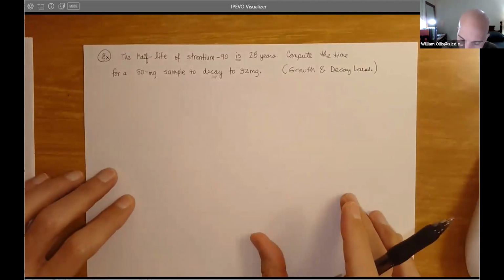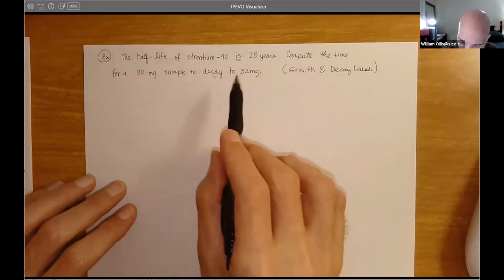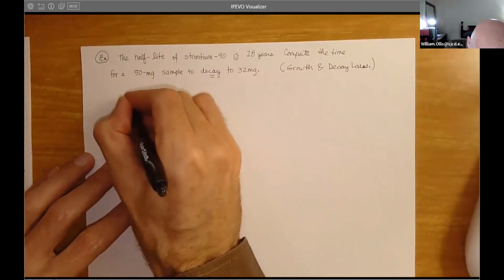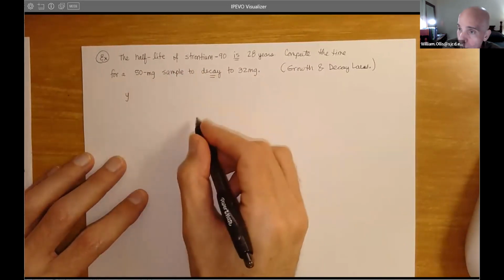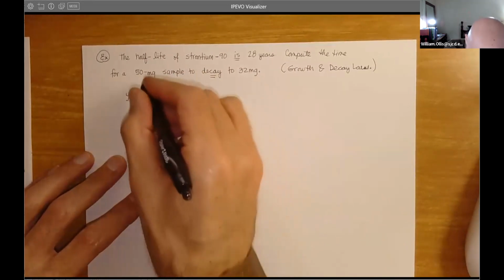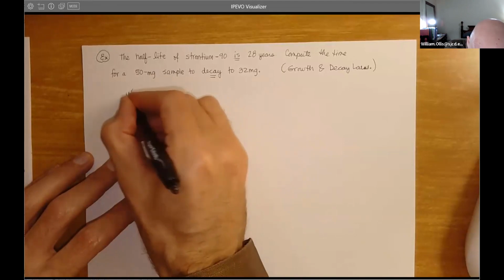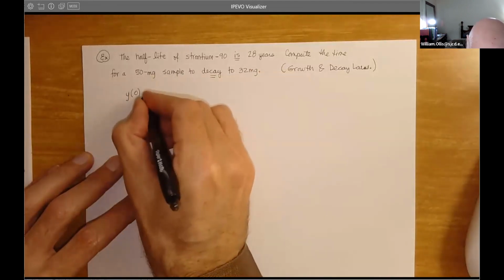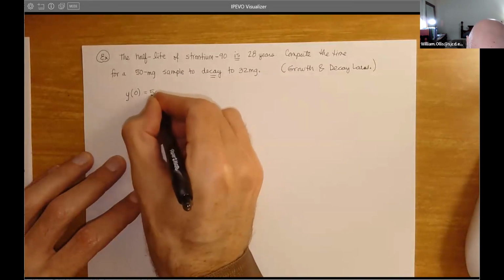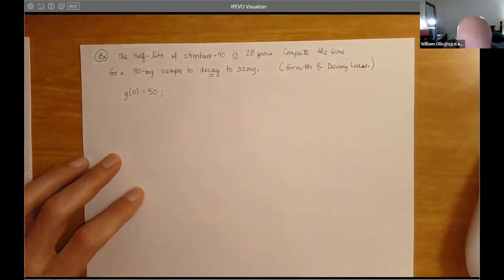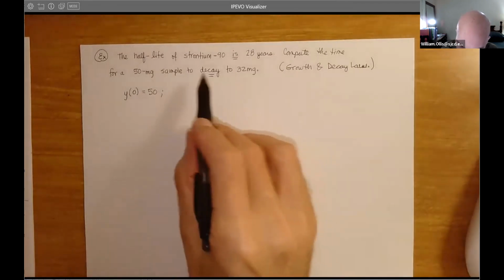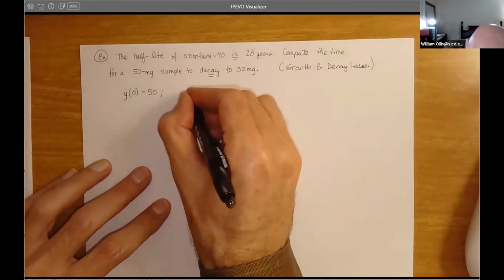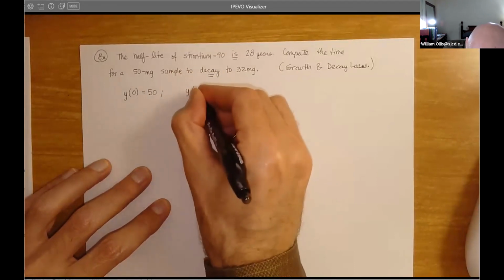So now, when we look at this and we think about what we have, let's write down all of the given information. So y will be our quantity of this radioactive strontium 90. So y of 0 will be the original or initial amount, which is 50 milligrams. And we can go ahead and say, what about this half-life? So y of 28.